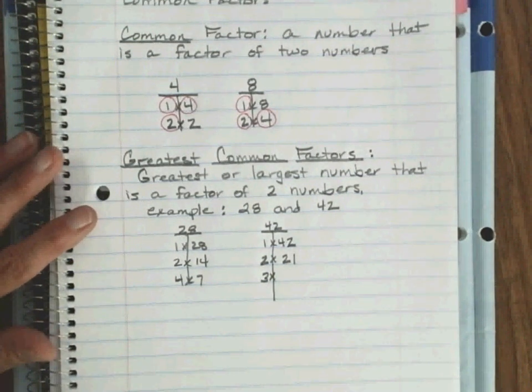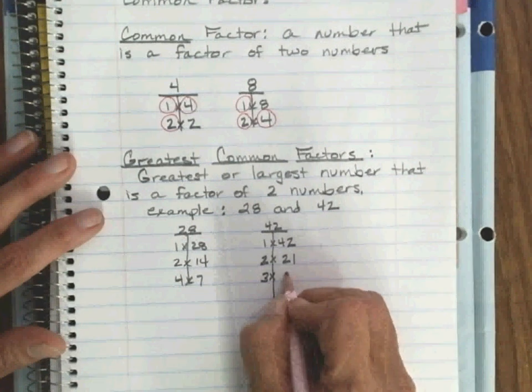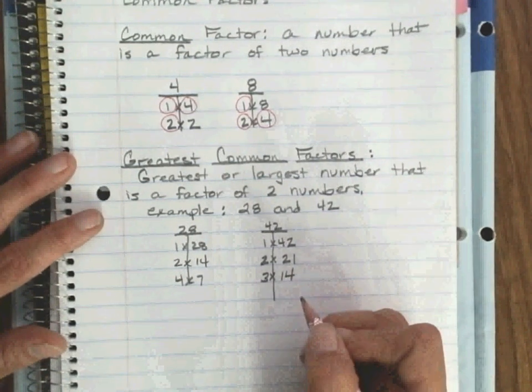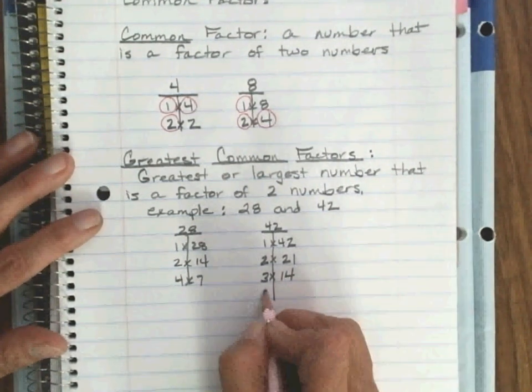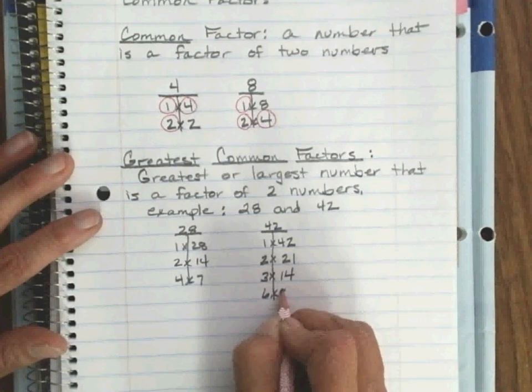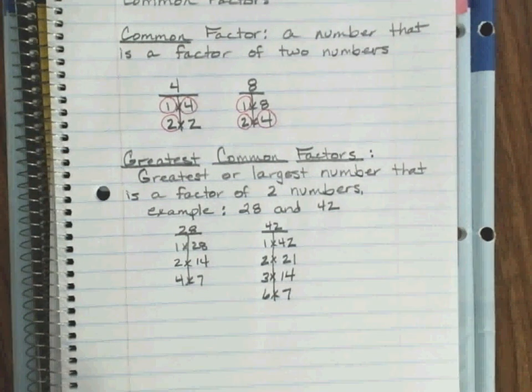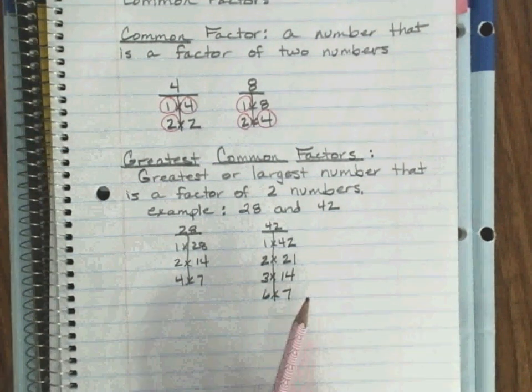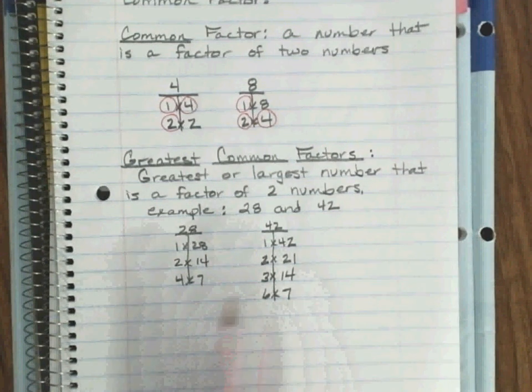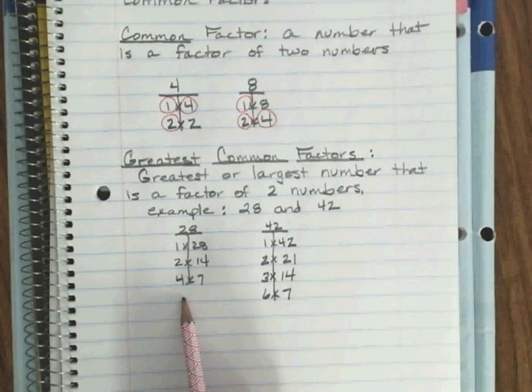Therefore, 42 is divisible by 3. That's 3 times 14. And then 6 times 7. Okay, so there's all the factors of 42 and all the factors of 28.